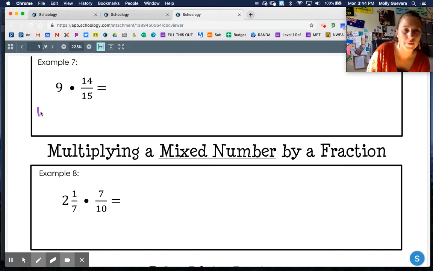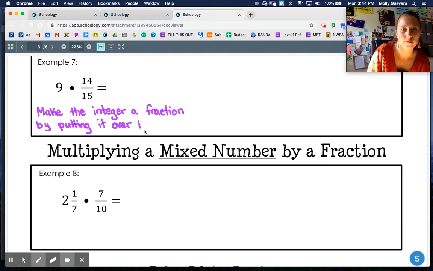So we're going to make a little note here: to make the integer, so the whole number, a fraction, by putting it over 1.